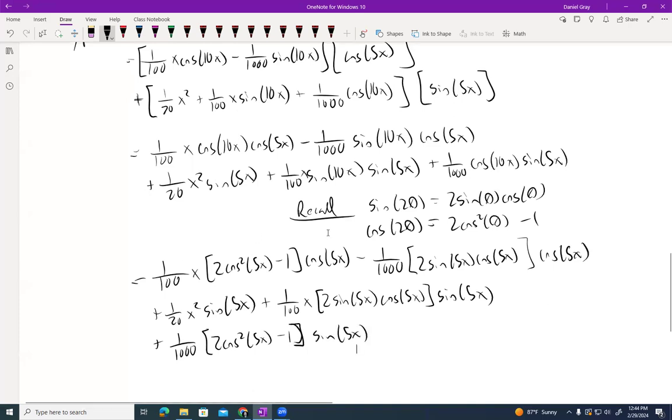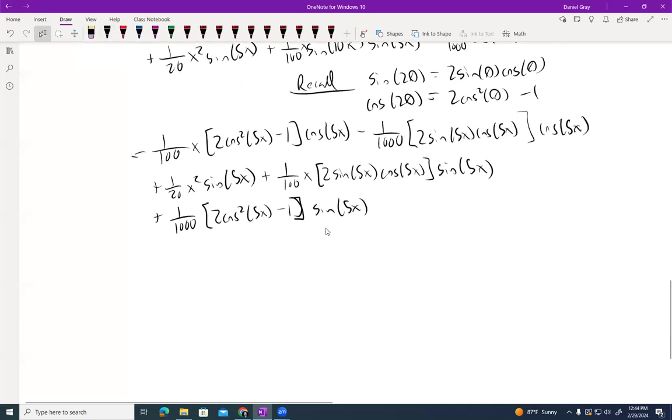Okay, so now I've got to distribute this again and simplify. So this will be 1 over 100 times x times, well, we have a 2 cosine cubed of 5x if I distribute that. So I'll write this as 1 over 50 x times cosine cubed of 5x, minus 1 over 100 x cosine of 5x.